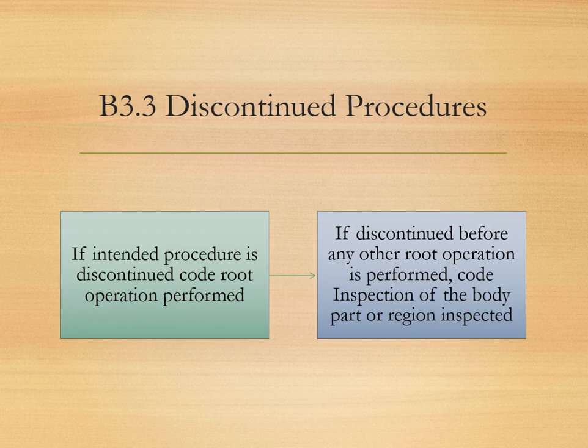However, if the procedure is discontinued before any other root operation can be performed, you're going to code to the root operation inspection of that body part or anatomical region that is being inspected.